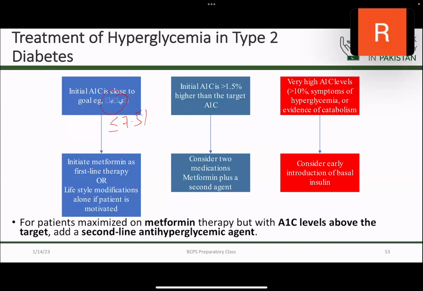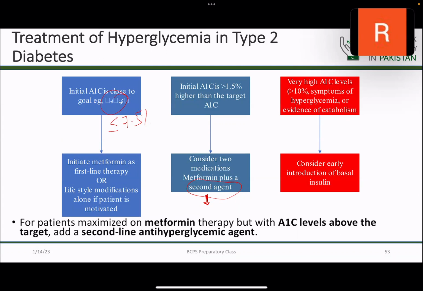We have to consider 2 medications, metformin plus a second agent. Which second agent depends on many factors, which we will discuss in the next slide. And if the A1C level is very high, more than 10% above the goal, then definitely we should consider insulin addition as well.